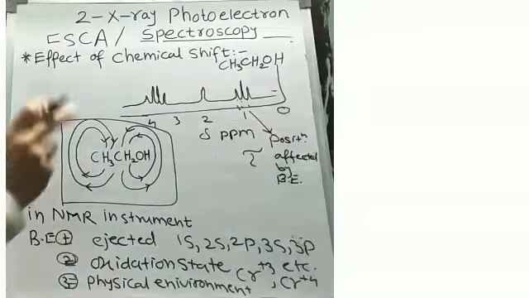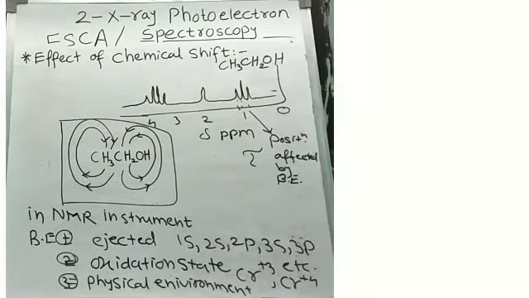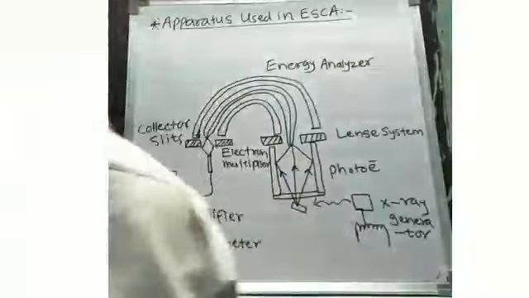So binding energy causes a small change in the peak position in the spectrum from the original position. Thus, due to binding energy, a different peak signal is obtained for different oxidation states of the same atom. Hence, binding energy differentiates the atom among variable oxidation states. Means this Cr3 plus will.